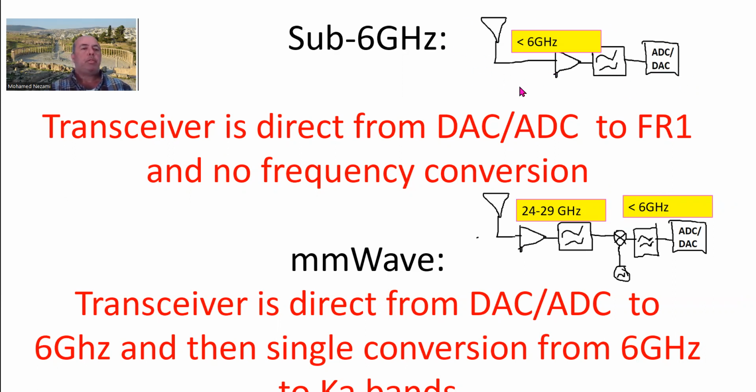We showed how, with discrete ADCs or SoC ADCs from companies like Xilinx with the RF system on a chip, you would implement a sub-6 gigahertz transceiver. And the millimeter wave, which we're going to cover next, is basically the only difference: we have a single frequency translation on top of the sub-6 gigahertz system that is similar to this, okay?